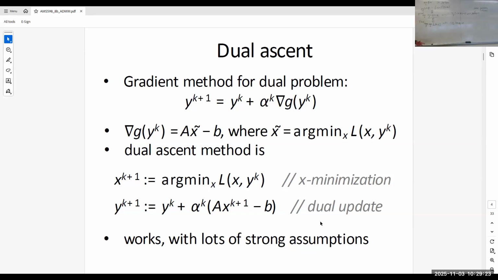This condition is equivalent to the gradient of f(x) plus A transpose y equals 0. This condition is called the dual feasibility condition.